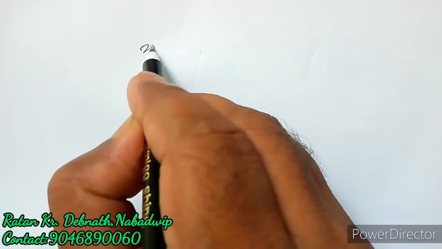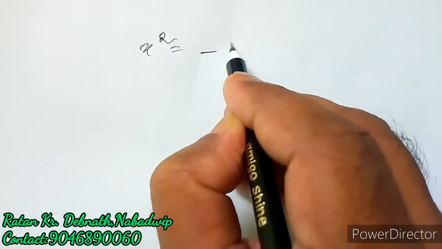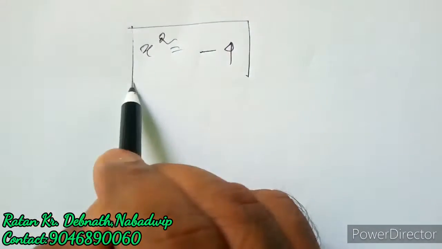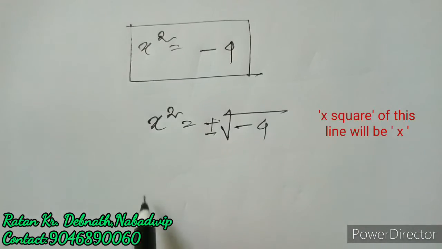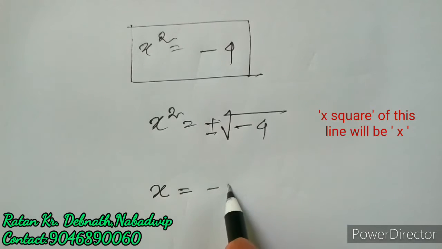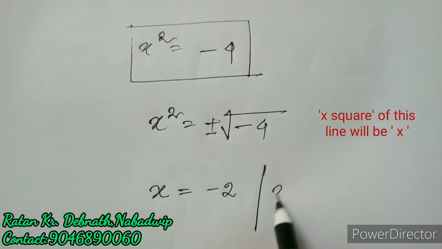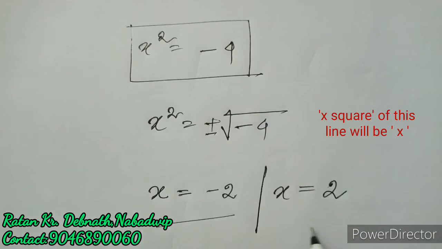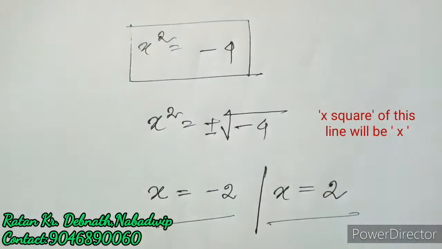Now observe another situation. x square equals minus 4, say, which is also a quadratic equation. Say the value of x equals minus 2 or x equals plus 2. These are not the exact values of this quadratic equation, we assumed.